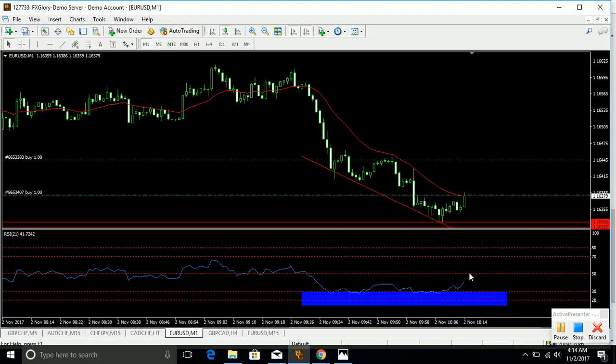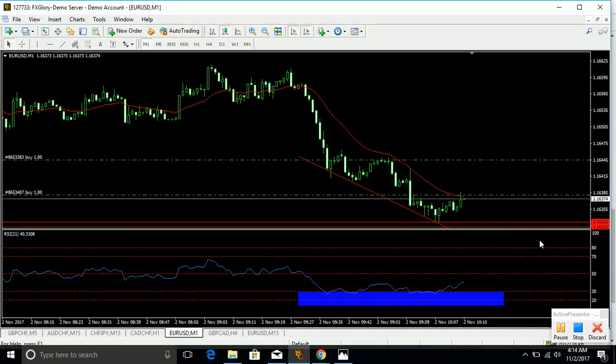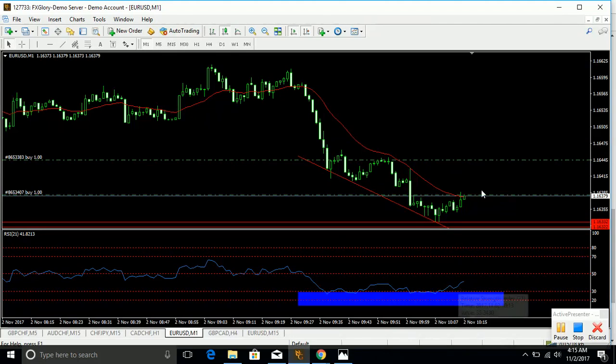So the RSI has to come back up here to the gas station before it can even attempt to go back down, because the momentum has died. So with the momentum dying out, price has nowhere to go but up, back to the gas station. Hopefully that makes sense.